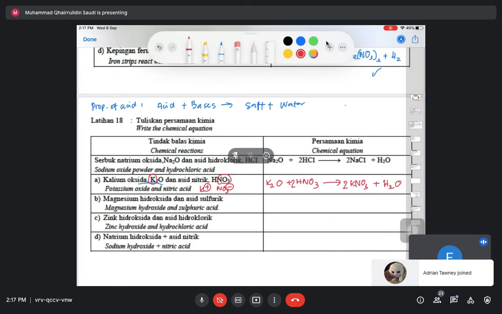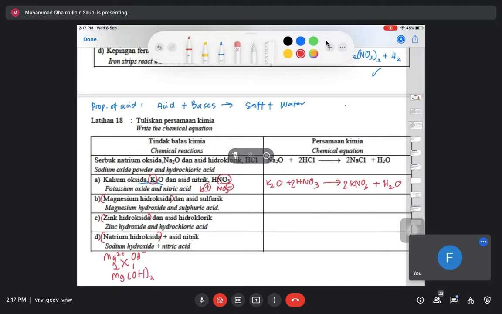Magnesium hydroxide. If you don't know how to write down the formula, you should do it from the start, as usual.